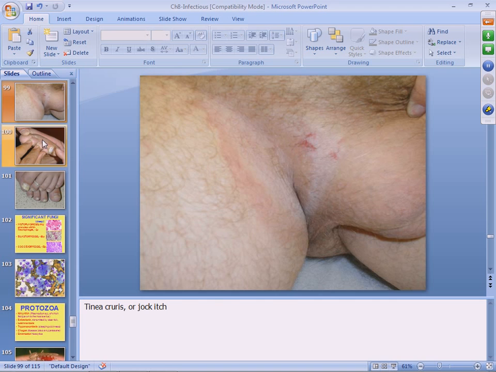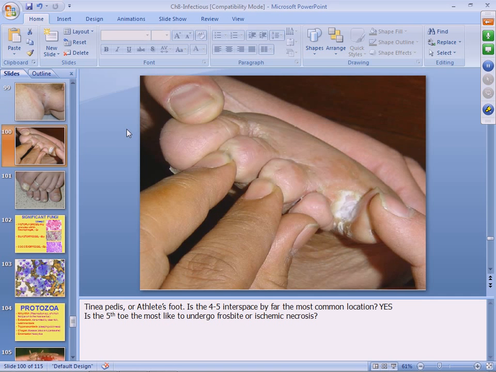Tinea pedis, okay, superficial fungal infection of the skin of the foot. And even though pedis means foot, if you've had it yourself, or you've seen it, or you know people that have had it, it's almost always between either the fourth and fifth toe, or third and fourth, and most commonly between the fourth and the fifth. It could very easily be all of them.